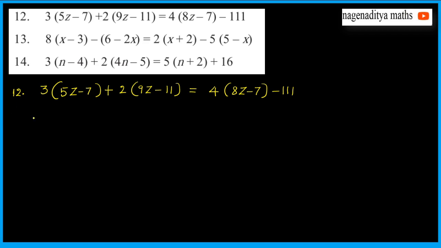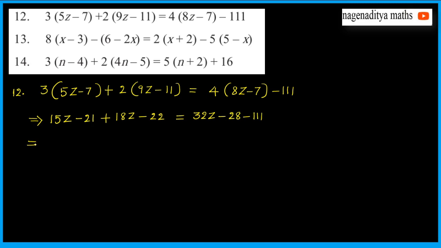So 3 5s are 15z, 7 3s are 21, minus 21, plus 9 2s are 18z, minus 11 2s are 22, is equal to 4 8s are 32z, minus 7 4s are 28, minus 111.